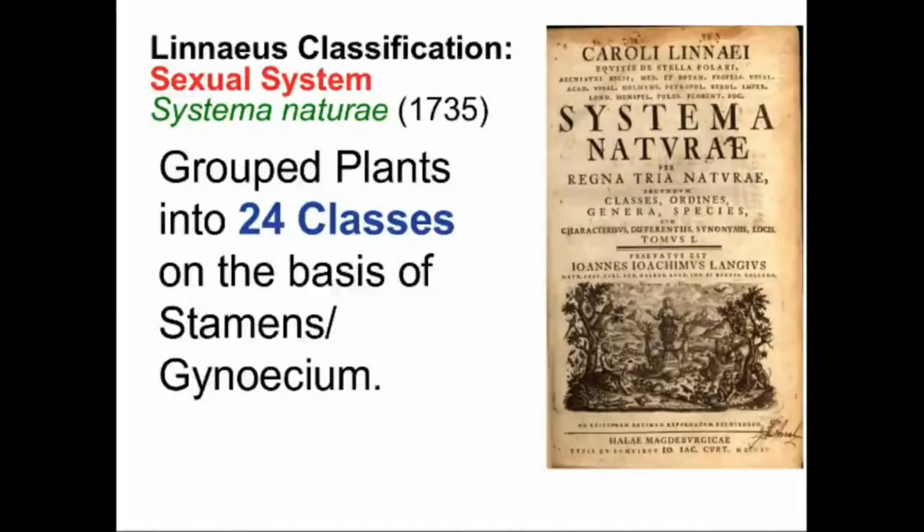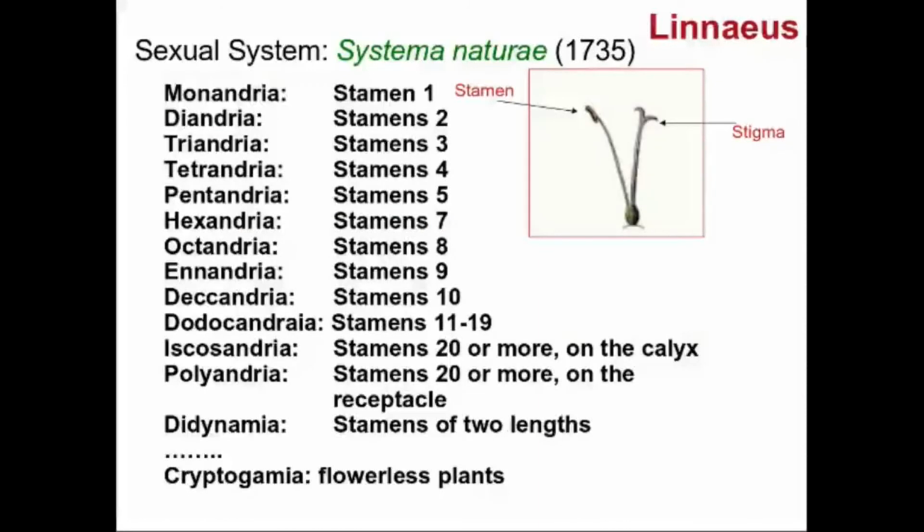So we are still following the nomenclature system of Linnaeus, but we are not using the artificial system of classification initiated by Linnaeus. This is a brief on the sexual system of classification. It is based on the number of stamens. One stamen is grouped as monandria, and depending upon the number, diandria, triandria, and so on.